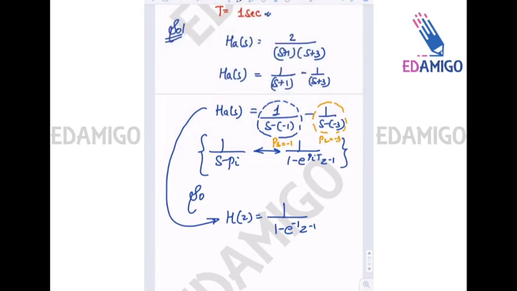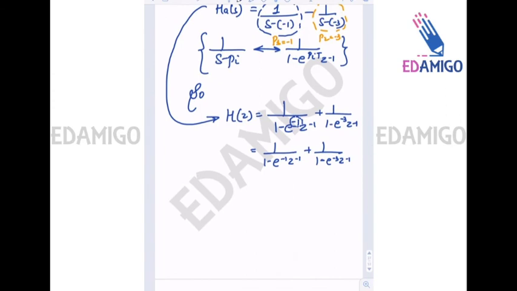Since capital T is 1 second, here it is p1 times T, that is minus 1, and in the second part we have p2 times T, that is minus 3, z inverse. Okay, so this comes out to be 1 upon 1 minus e to the power minus 1 z inverse, minus 1 upon 1 minus e to the power minus 3 z inverse.